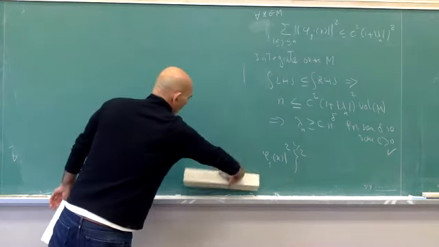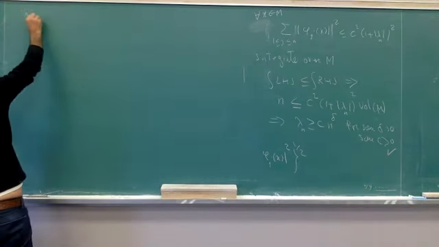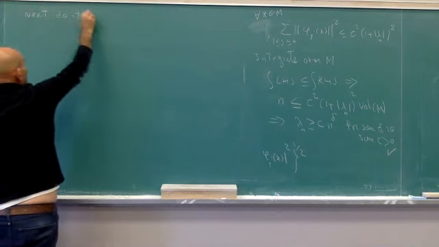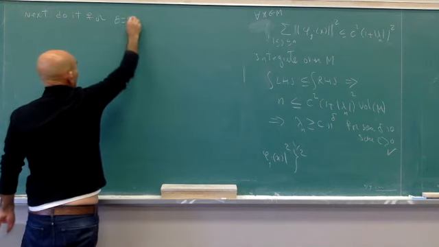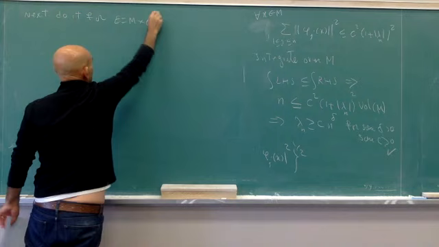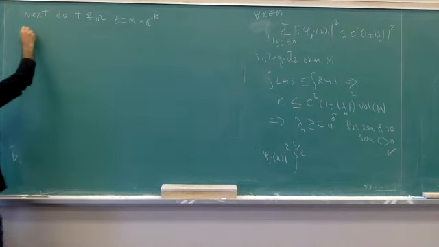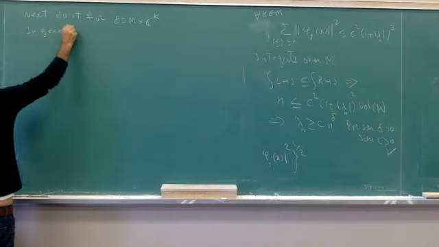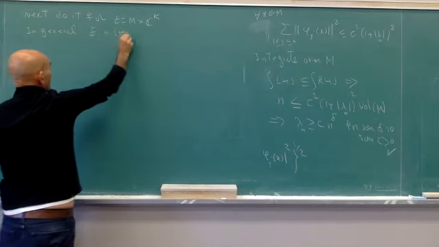Some argument has to be given, but do it for E equal to M cross C^K. And then in general, E is locally trivial.